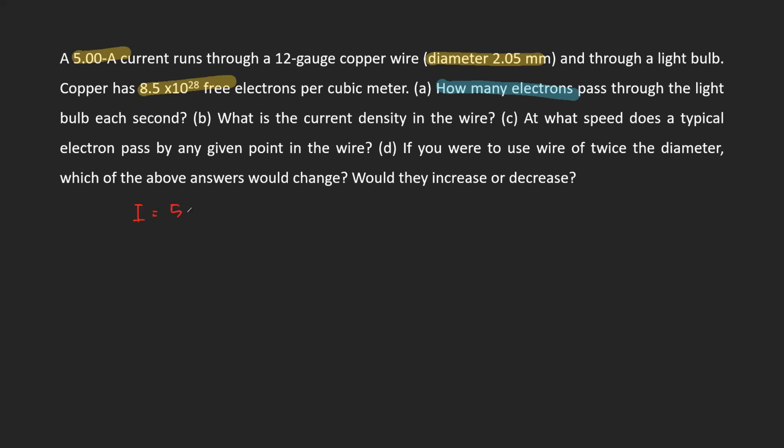I is equal to 5.00 A. D is equal to 2.05 mm. We've got here the electrons per volume, equals 8.5 times 10 raised to 28 electrons. So that's basically the number.